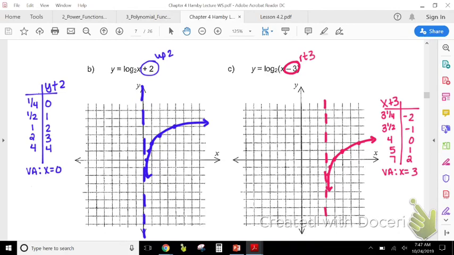And so from your parent table, does it appear to have moved to the right 3? Yes, it does.